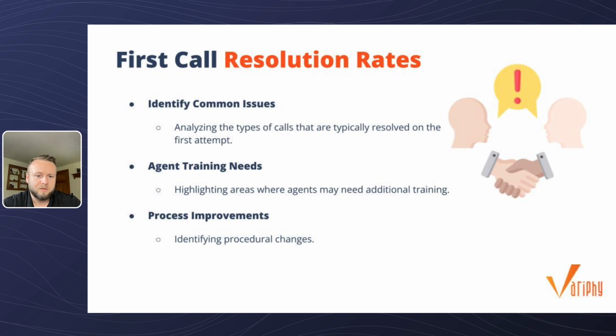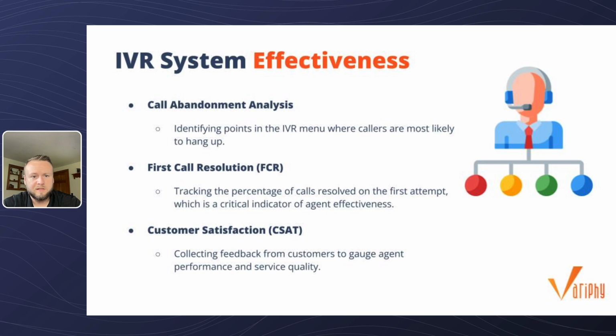Another thing to improve your efficiency in call centers is your IVR systems. If you're not familiar with IVR systems, those are interactive voice response systems in call centers that will typically try to resolve an issue before routing you to an agent. If you are utilizing these setups, you want to have call abandonment analysis, identifying points in an IVR menu where callers are most likely to hang up.